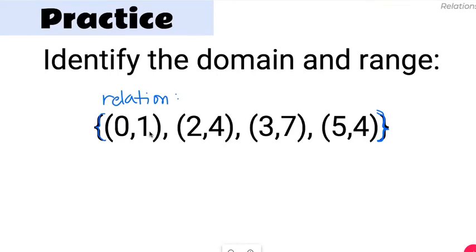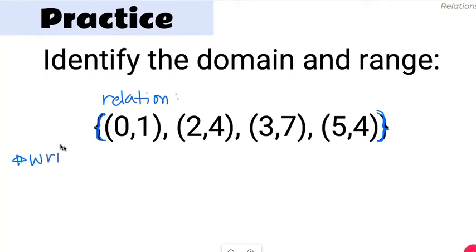We may not ever have to figure that part out. Just know that when you see this little bracket, that means these ordered pairs are grouped together. They're a relation. Now, when you're asked to identify the domain and the range, that means we want you to list out the numbers that are the domain numbers and list out the range numbers.